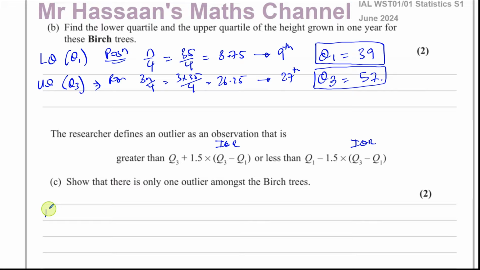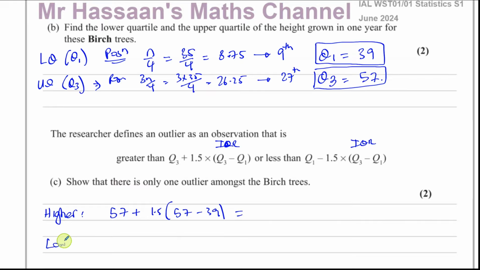At the higher end, the higher outlier limit can be given by this. Anything higher than the value that this gives is going to be an outlier. So we have Q3, which we know is 57, plus 1.5 times the interquartile range, which is 57 minus 39. That will give you the higher one.